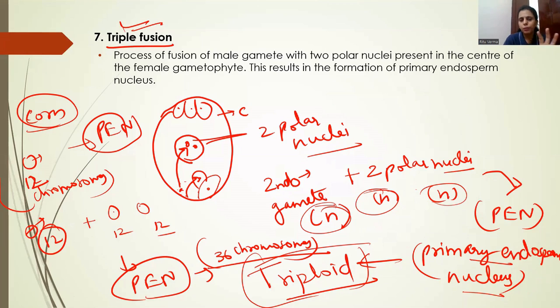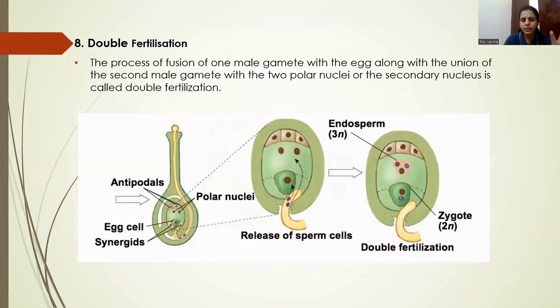In this entire process, you have seen that fertilization takes place 2 times. 2 male gametes enter inside the female gametophyte. One male gamete fuses with the egg cell, and the second male gamete fuses with the two polar nuclei present in the center.